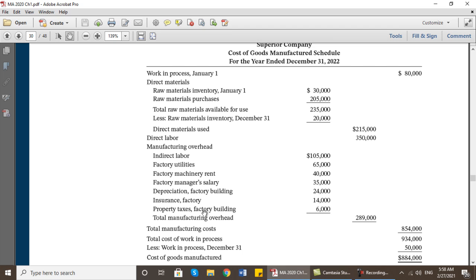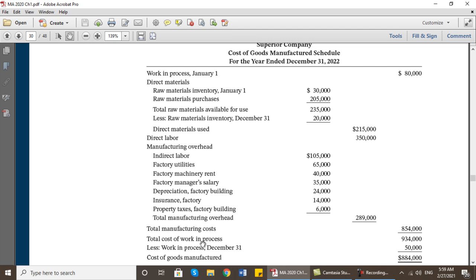The property taxes on the factory building are also manufacturing overhead. Total manufacturing overhead. Here's total manufacturing cost. Now we add the three figures here to get total manufacturing cost: direct materials, direct labor, and total manufacturing overhead.